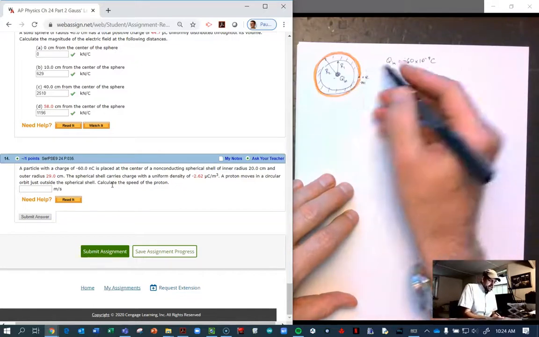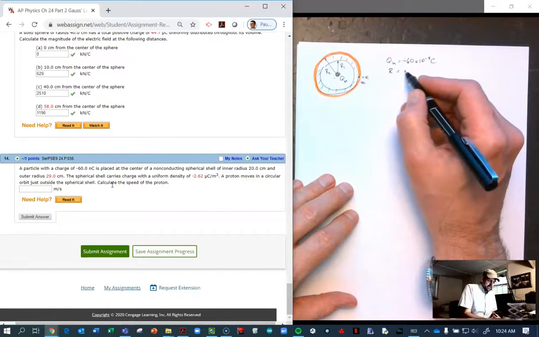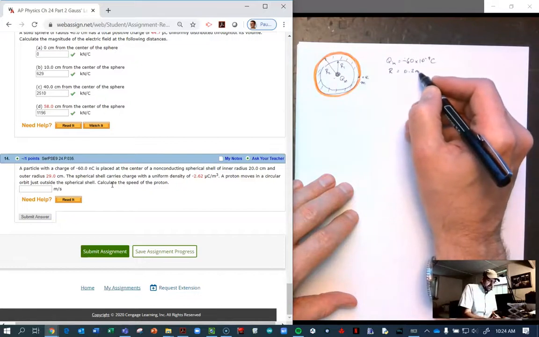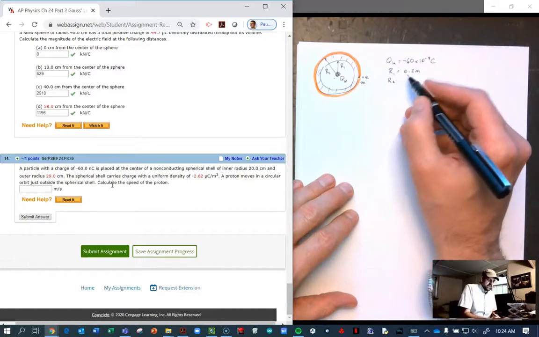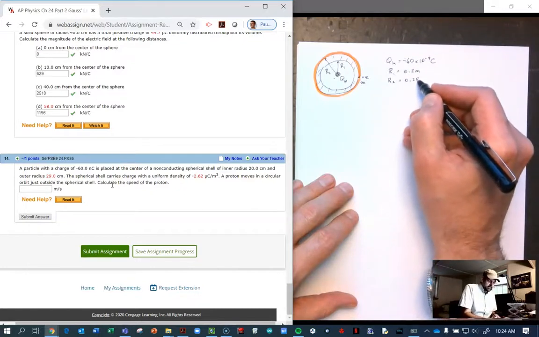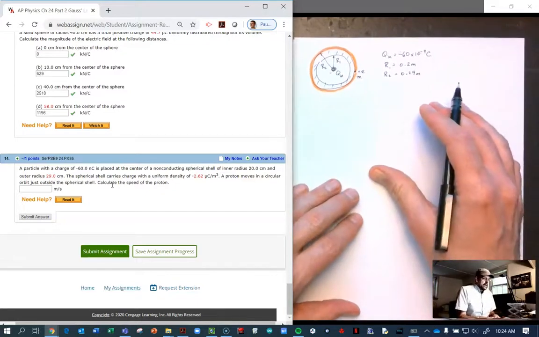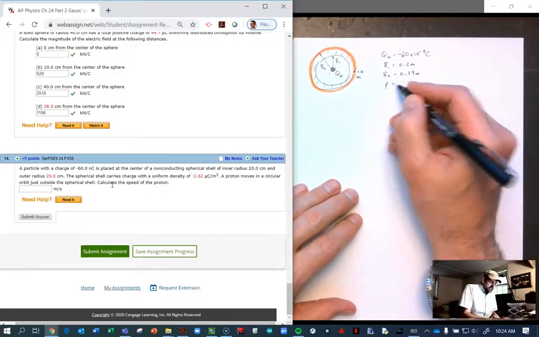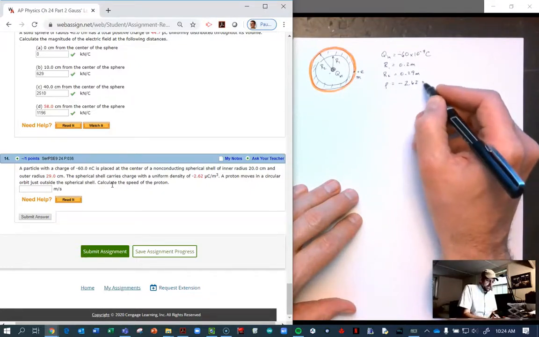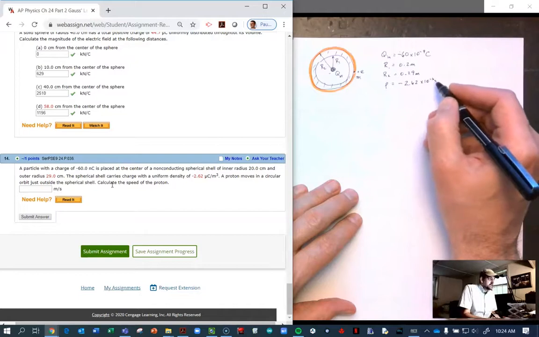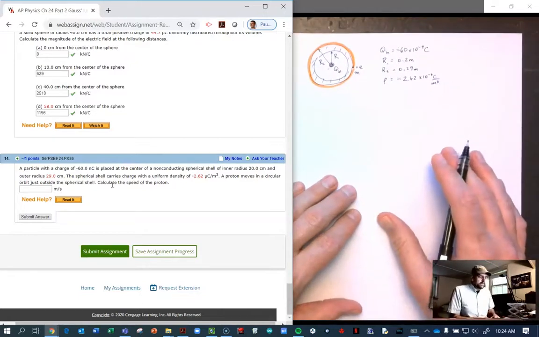Okay, R1, we are told, for everyone is 20 centimeters, and then R2 for me is 29 centimeters, 0.29 meters. The density, we are told, is negative, and everybody has a different number, times 10 to the minus 6 coulombs per cubic meter.